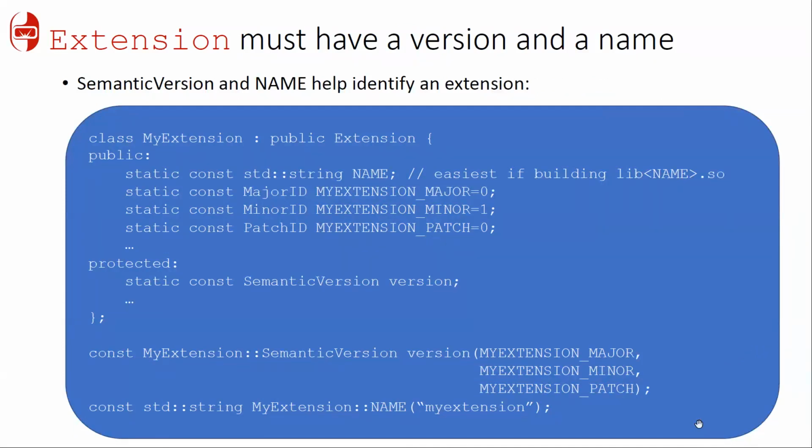The name I mentioned is base, but if you're creating your own extension, you can give it its own name. Typically, this name is what you would have in the lib, like the base extension is called libbase.so, so this would be libmyextension.so, and that name helps the compiler automatically look up where the library is and load it. It's a convenience thing.